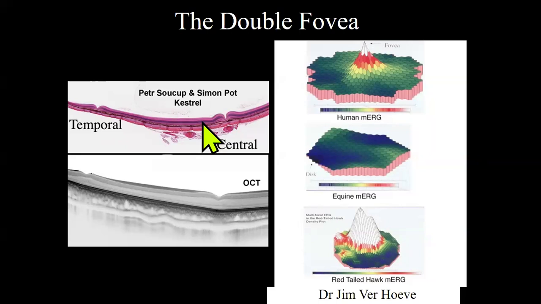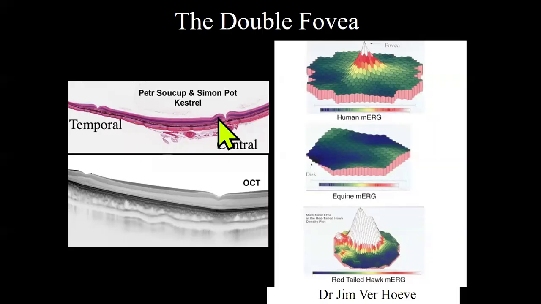Among mammals, the only mammals that have a fovea are primates. Most of the old world primates have a fovea. Most of the new world primates have a fovea. But if you get into more primitive primates or nocturnal primates, then they no longer have a fovea. A lot of mammals that don't have a fovea will still have a portion of their retina that's adapted for visual acuity and it'll be called the area centralis.